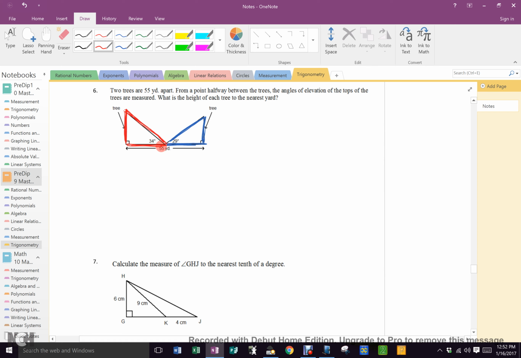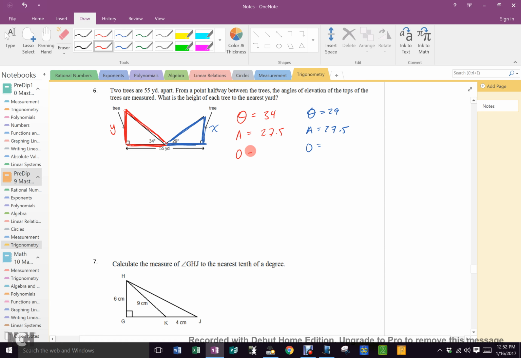What's red theta? That's 34. And then you have the adjacent, which is half of 55, so you have 27.5. What about blue theta? You have 29, and then it's the same adjacent. And then you need to find the opposite. So that's x, and what's this one? Y. Then you just do your math.